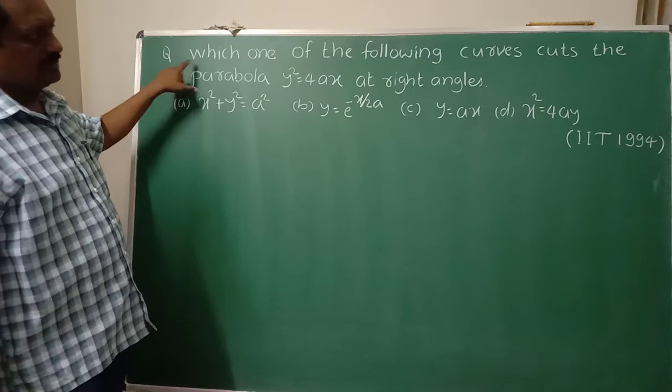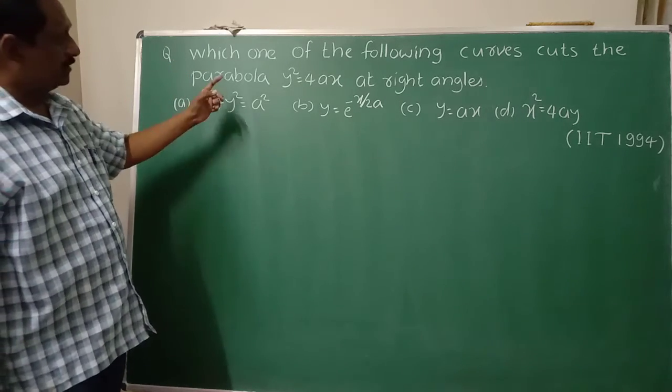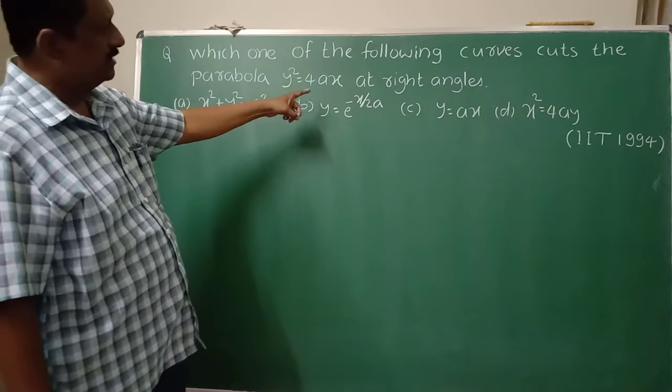Which one of the following curves cuts the parabola y square is equal to 4ax at right angles?